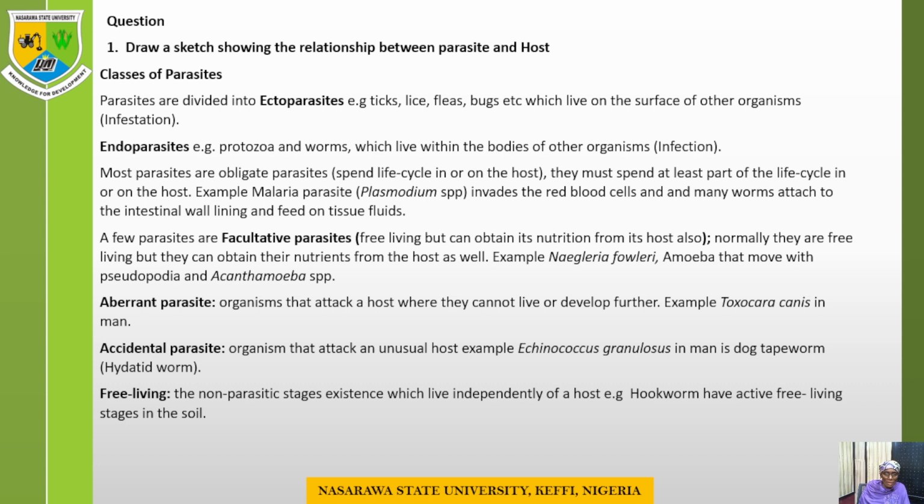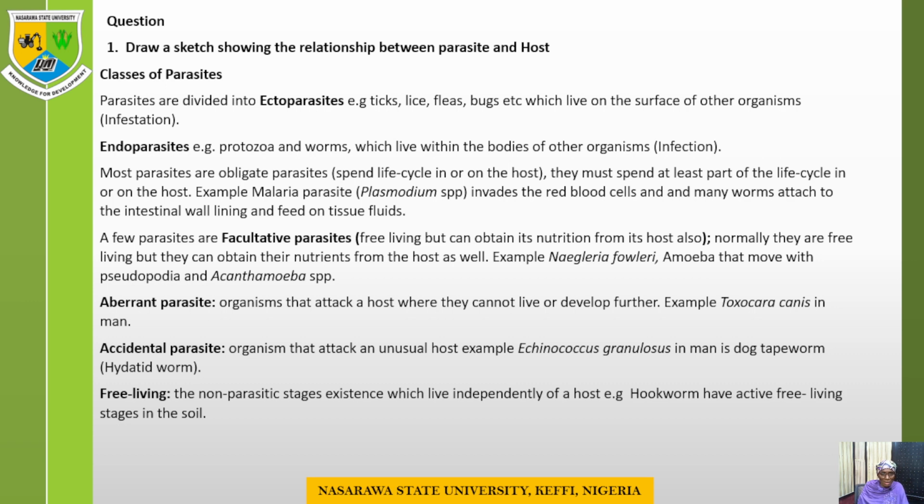Then we have classes of parasites, which was shown under our scheme. Parasites are divided into ectoparasites. We have examples like ticks, lice, fleas, bugs, etc. They live on the surface of other organisms, which is referred to as infestation.